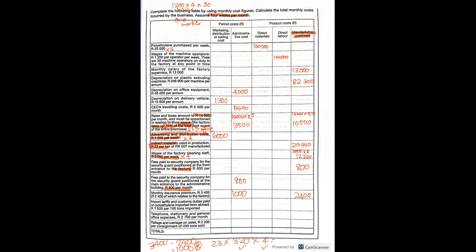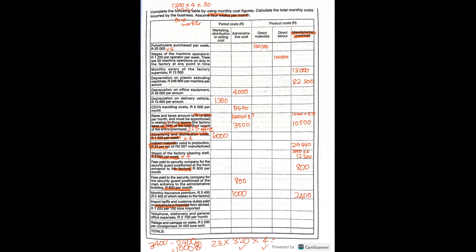The polyethylene is the direct material, and for this reason, its cost is going to fall under the direct material cost. Because it is the raw material that you are importing, it's a cost associated with the direct material, so it needs to go into the direct material category.